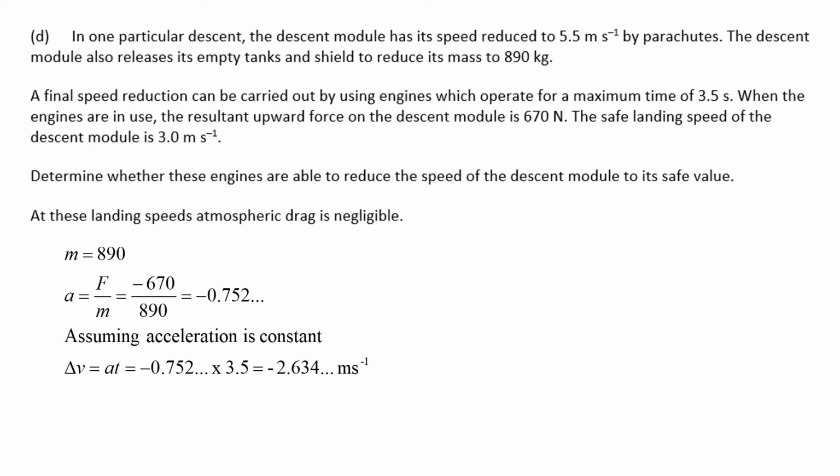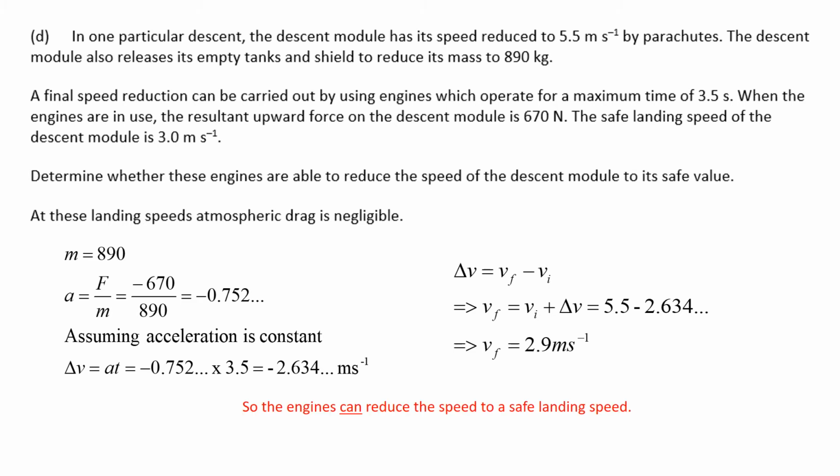So we get that during 3.5 seconds, the speed is going to change by 2.634, and it's going to decrease by that. So change in speed will be the final speed minus the initial speed. So the final speed will be the initial speed plus the change. The change is negative, so we're going to subtract it, and we get 2.9 meters per second. So the engines can reduce the speed to a safe landing speed.